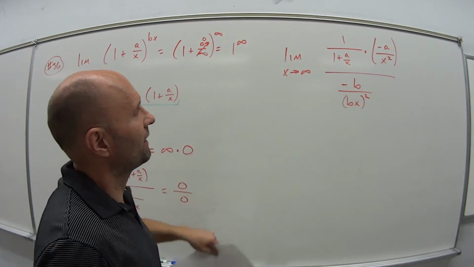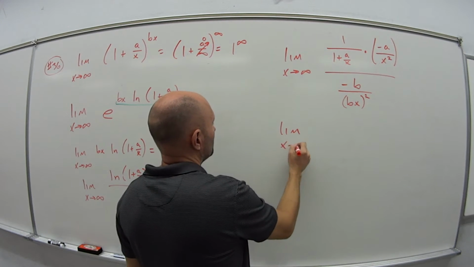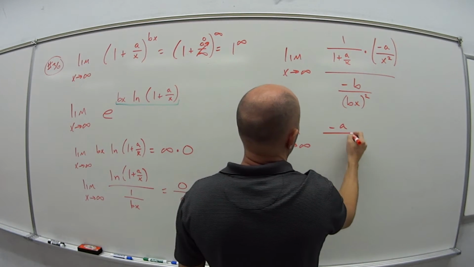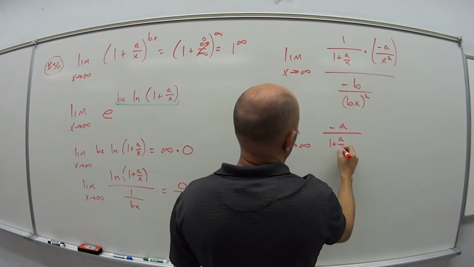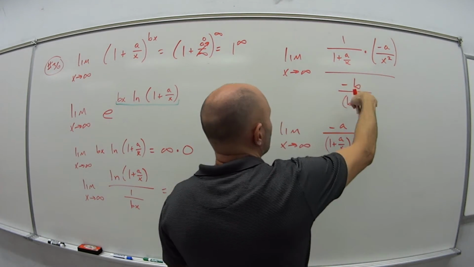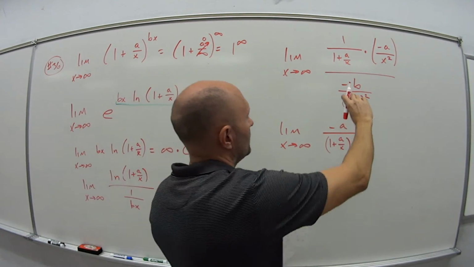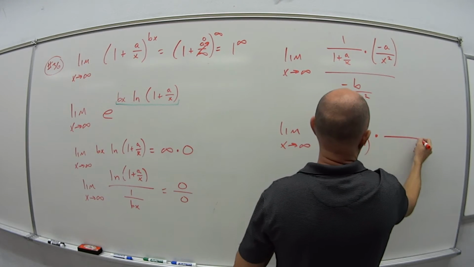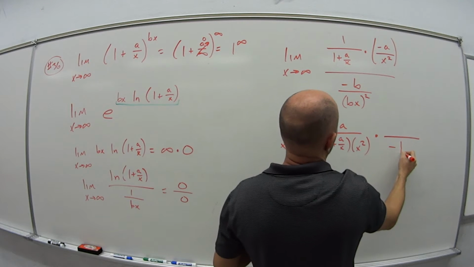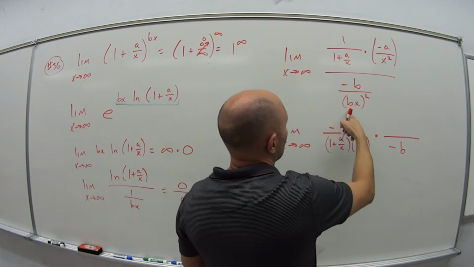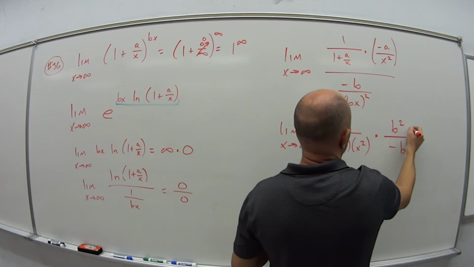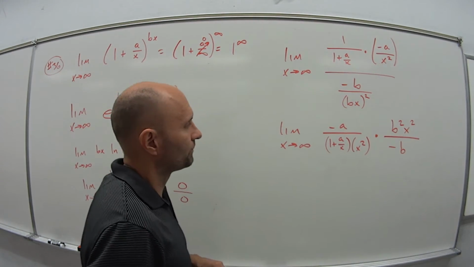So now I want to simplify that mess a little bit. So I've got the limit as x approaches infinity. In the numerator, I get minus a over 1 plus a over x times the x squared piece. In the denominator, I'm going to keep, change, flip. I need to flip this piece over and multiply it by the numerator, so that means I get minus b in the denominator. And then here I have bx squared, so that's like b squared and x squared, if I take it out of the parentheses.